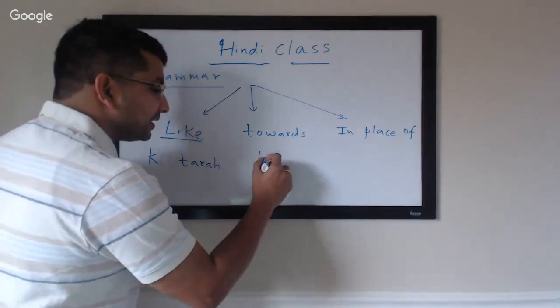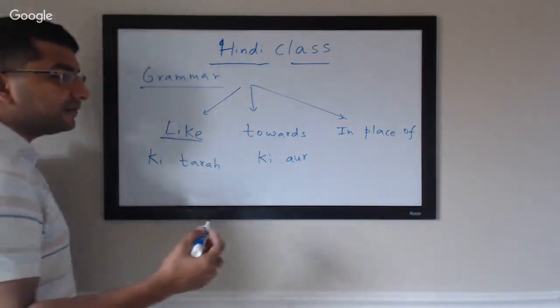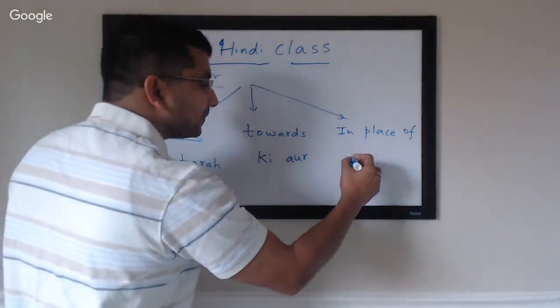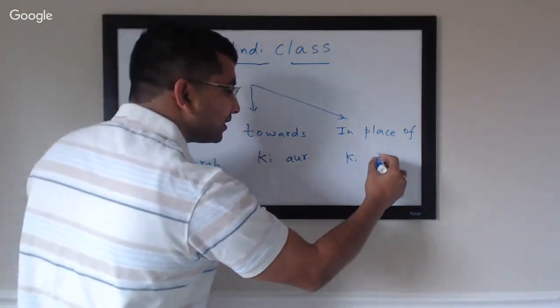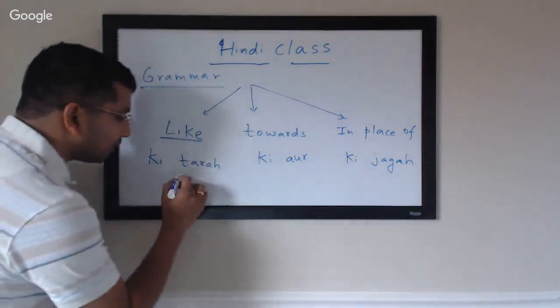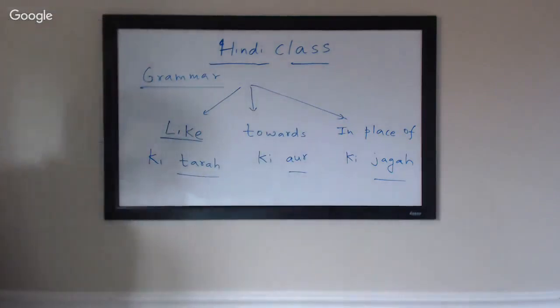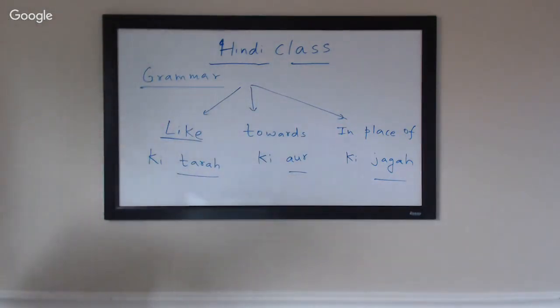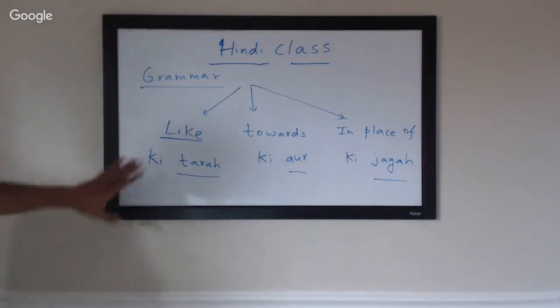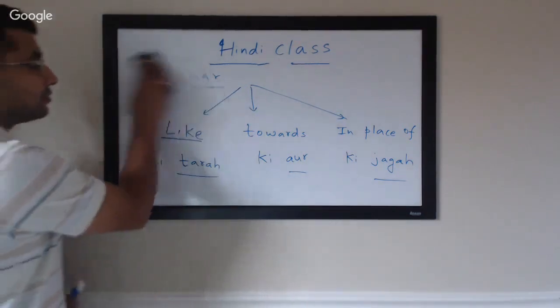Towards is ki aur, and the third one is in place of, ki jagah. We'll spend a good amount of time learning about these compound postpositions with examples. Let's start with ki tarah, and then I'll give you some examples.